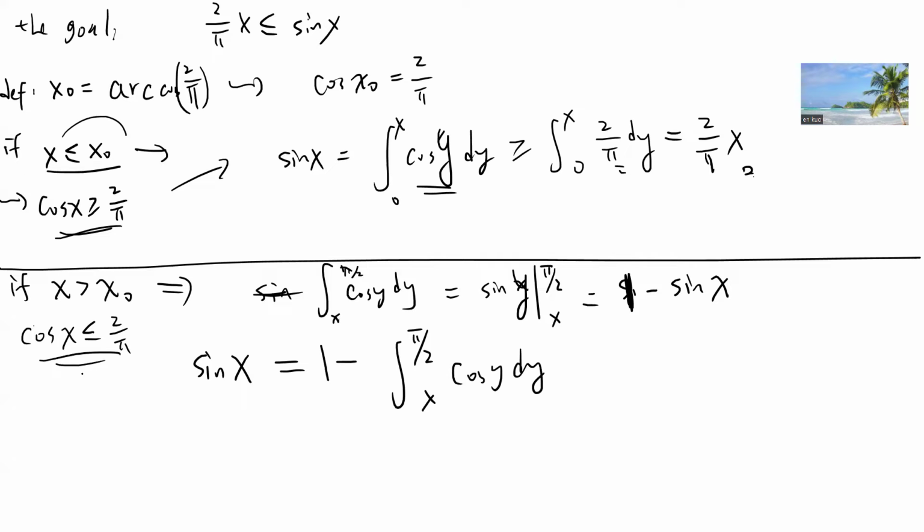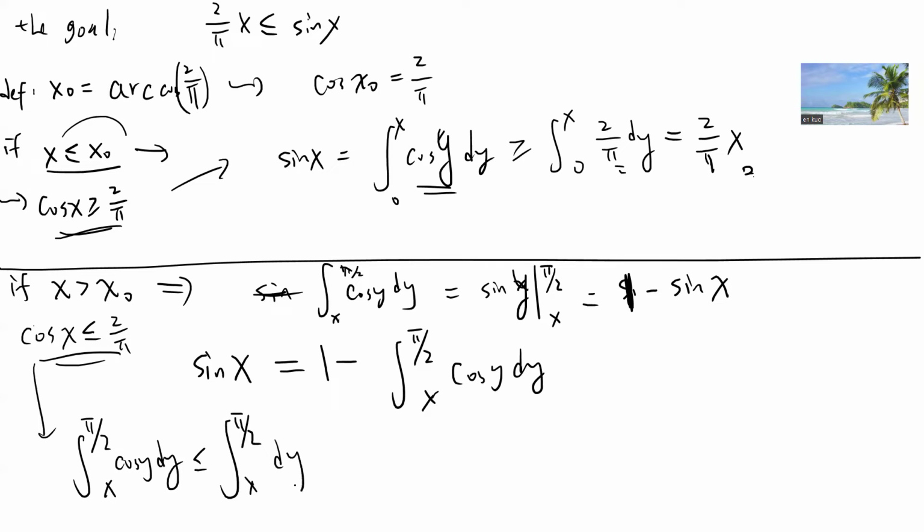Now since x is greater than or equal to x0, my cosine is less than or equal to 2 divided by pi. So the integral from x to pi over 2 of cosine y dy is less than or equal to the integral from x to pi over 2 of 2 divided by pi dy.